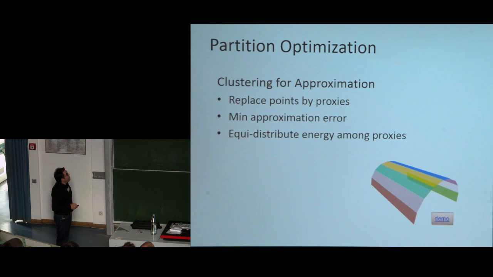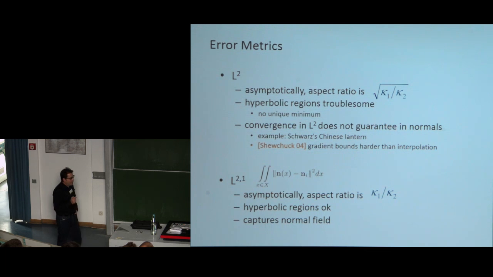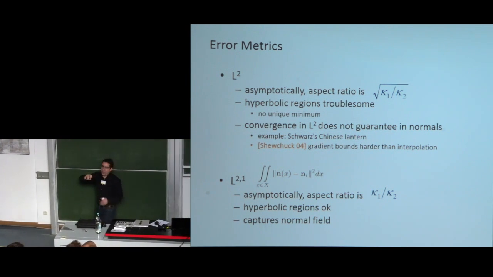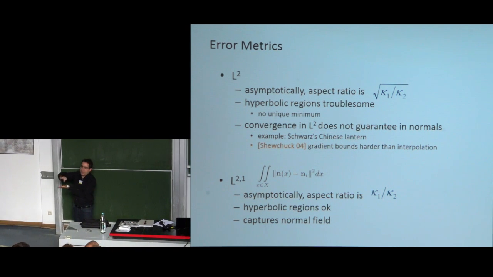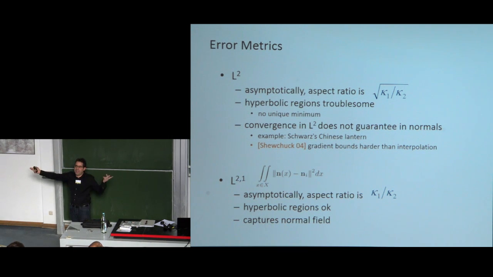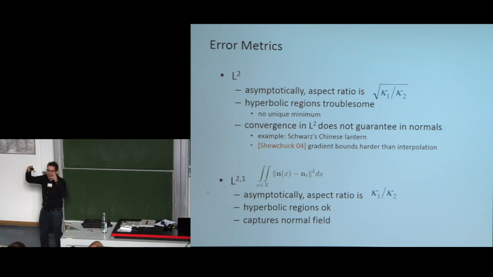So here, now, the issue is about which metric we choose. If we choose the standard L2 error metric, the sum of square distances from each point in a triangle of the input mesh to the plane, I don't do it the other way around because the planes are infinite, okay? So I measure the distance only from the input mesh to the planes.